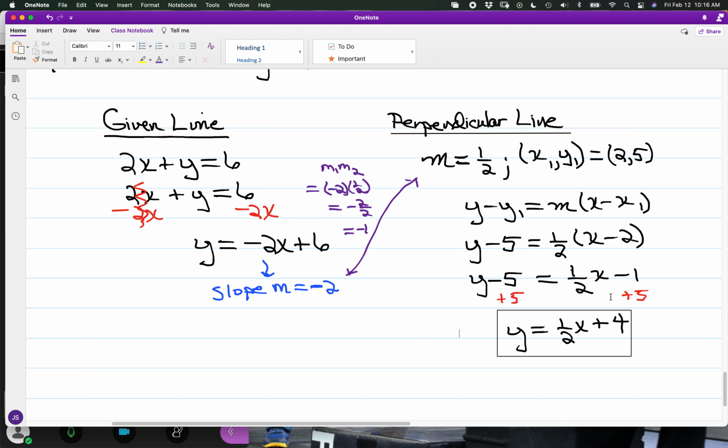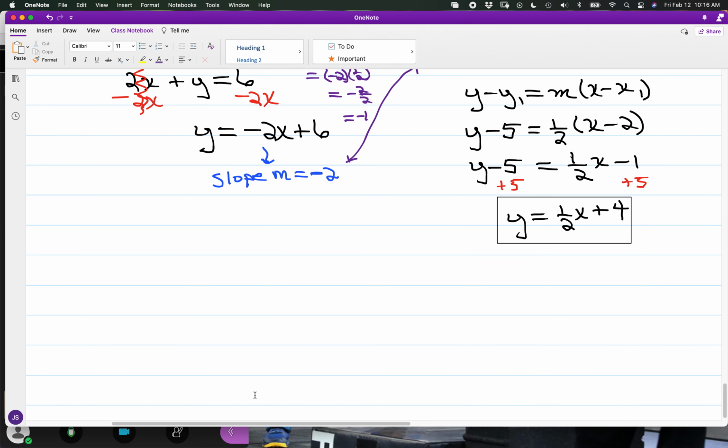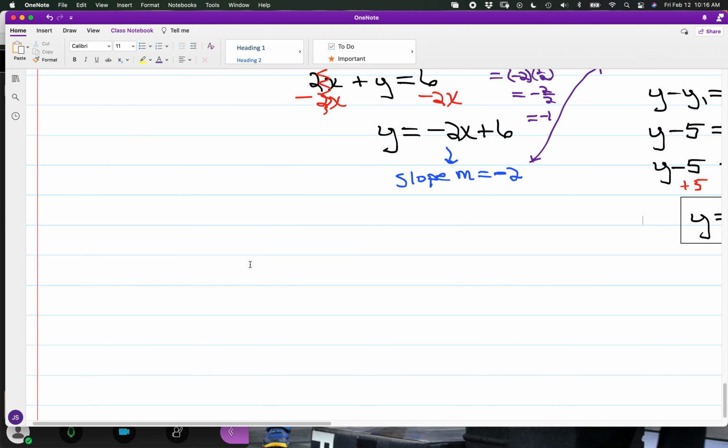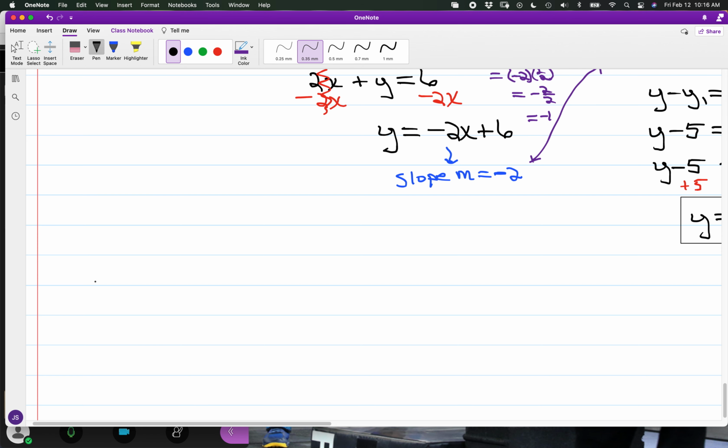Now, for the case of number 39, this problem was asking for the equation of the line that runs perpendicular to the given line. If I can make this into a little bit of a two-part problem.